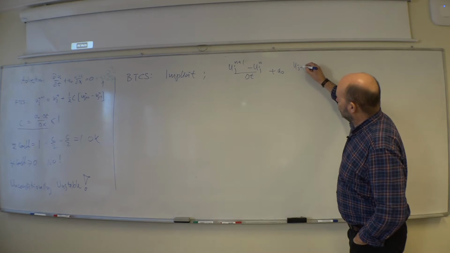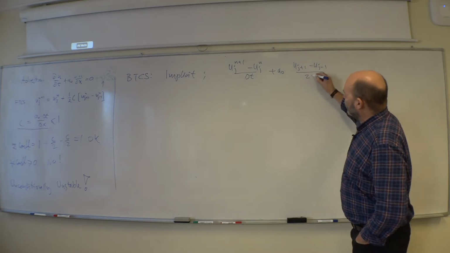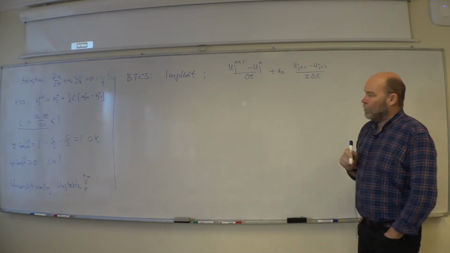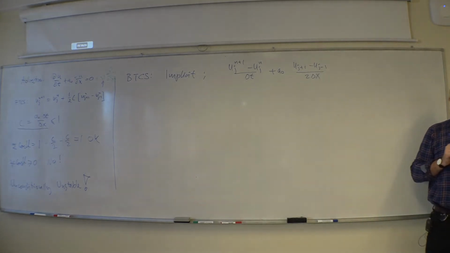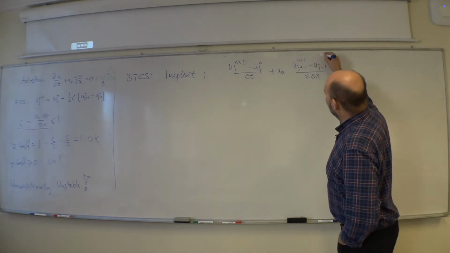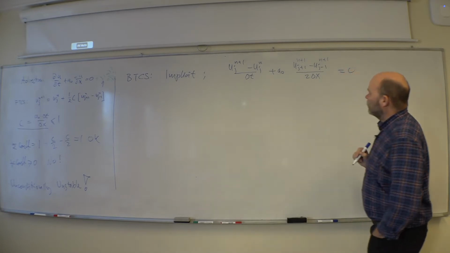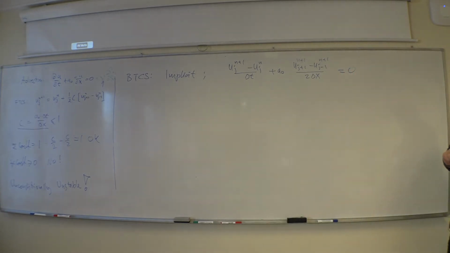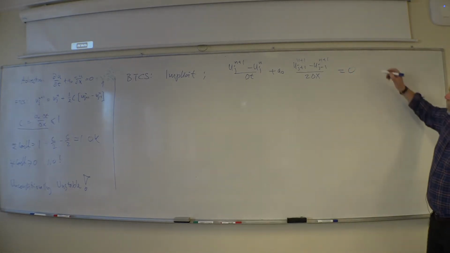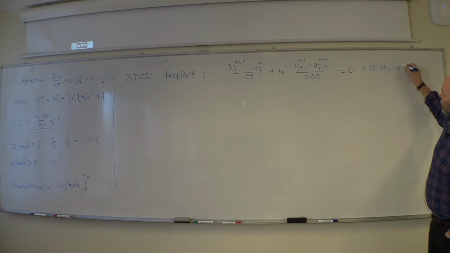So it's u j plus 1 minus u j minus 1 over 2 delta x. But these are now taken at the new time level, n plus 1, and then equal to 0. What's the accuracy here? Well, it's actually the same as before. First order in time, second order in space.